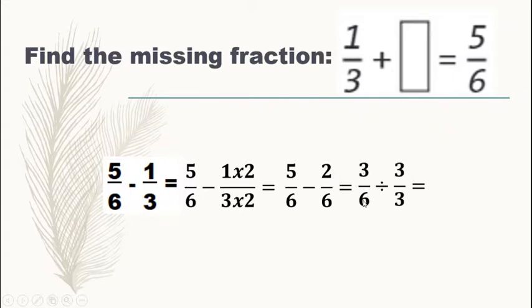Because 3 and 6 have a common factor between them, we need to divide by 3 to get our final answer. 3 divided by 3, that is 1. 6 divided by 3, it's 2. So the missing fraction would be 1/2.